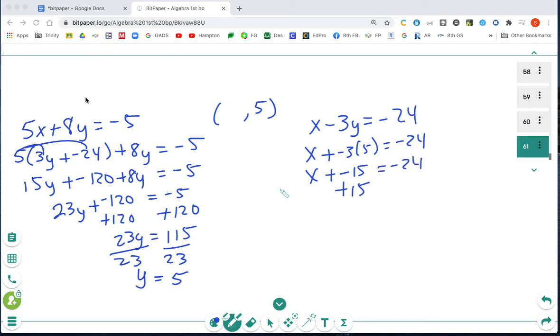Zero pair the 15, and x is going to equal negative 9.